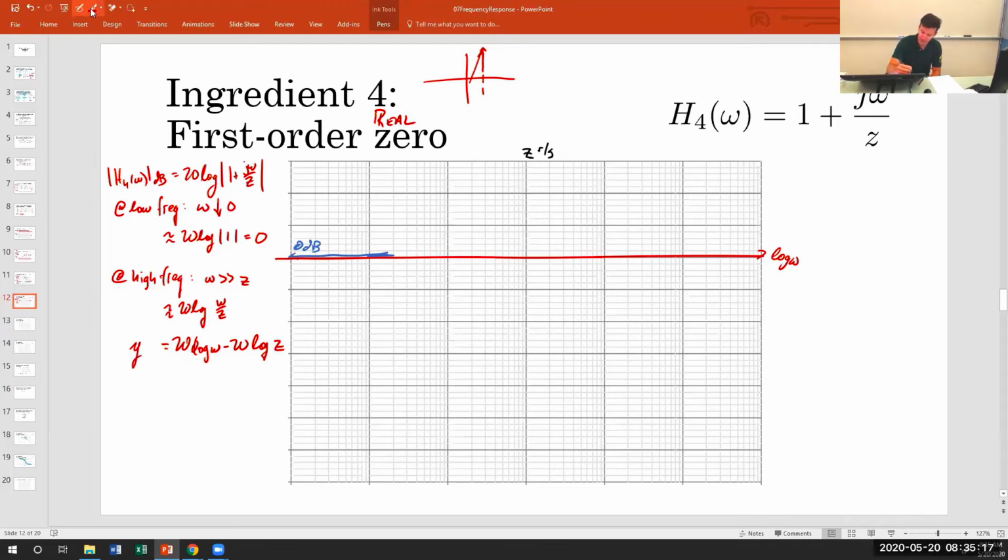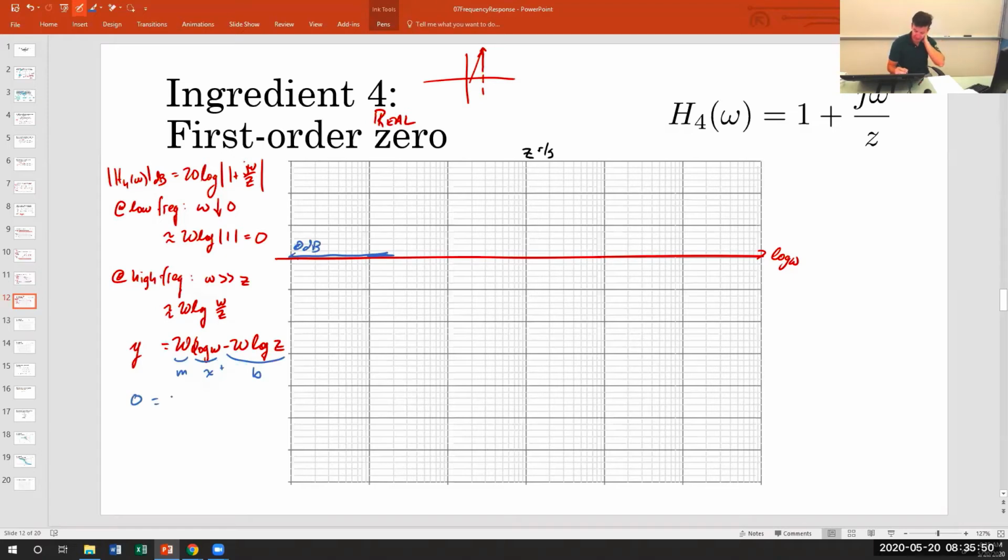So this high frequency asymptote has a slope of positive 20, and it has a y-intercept of negative 20 log z. Or we could analyze for its x-intercept, which would be solve for the x that gives 0 here.